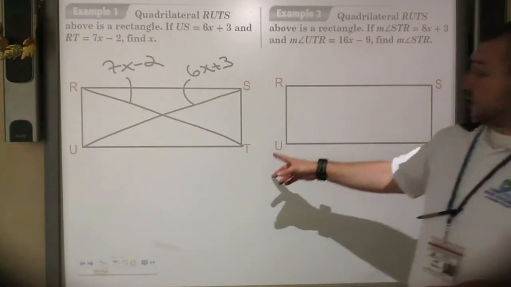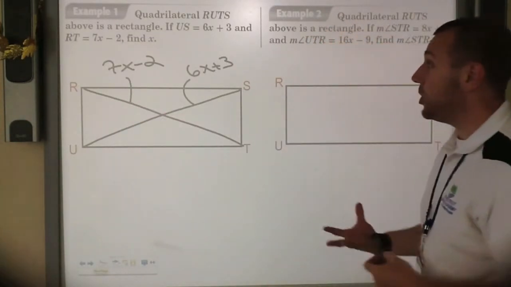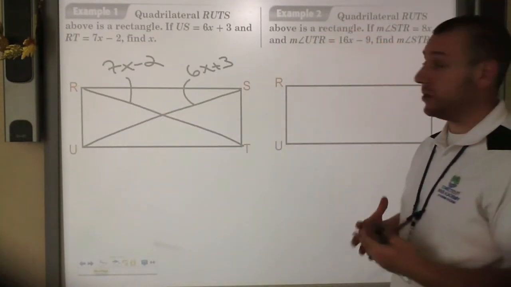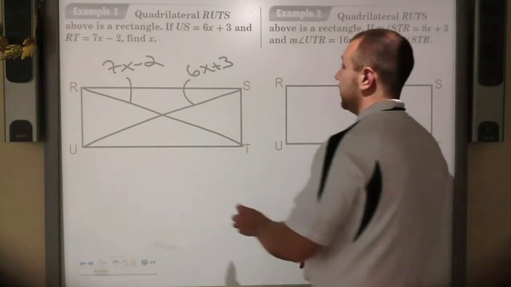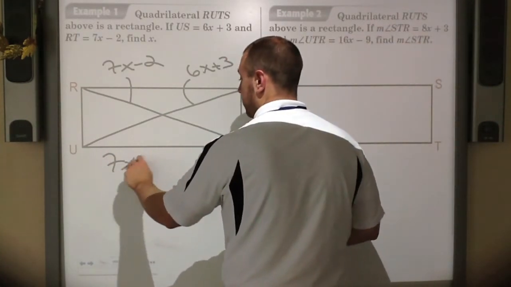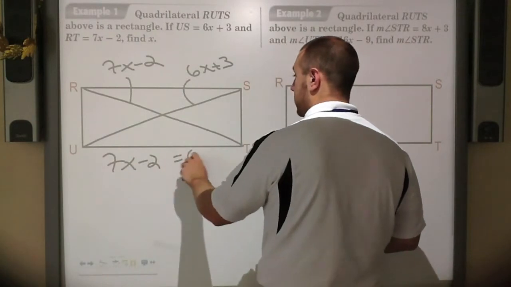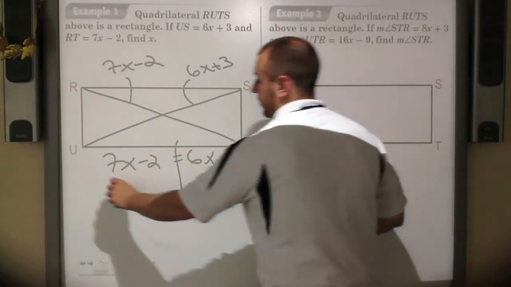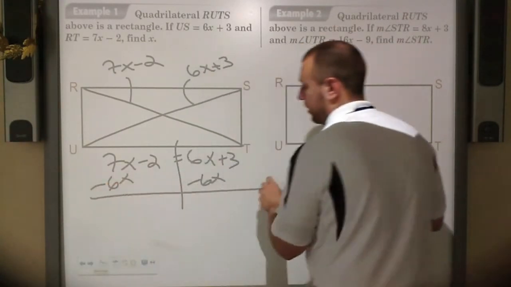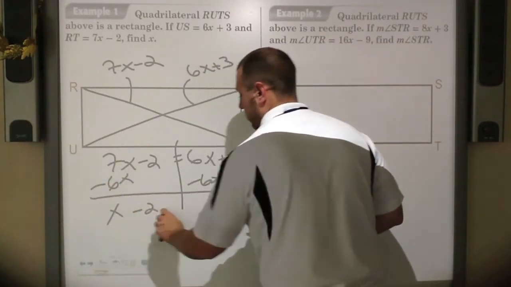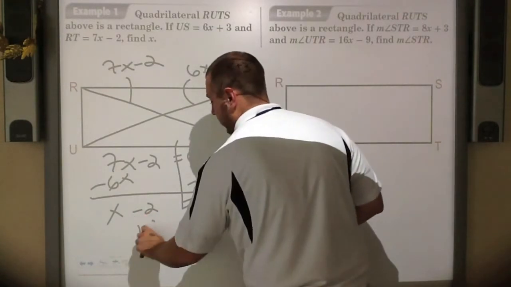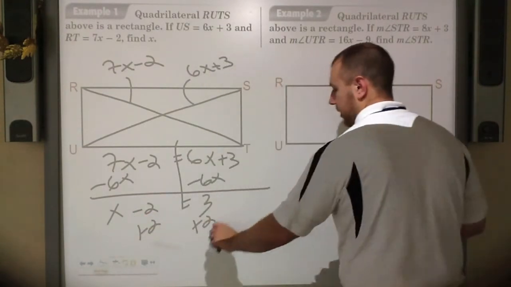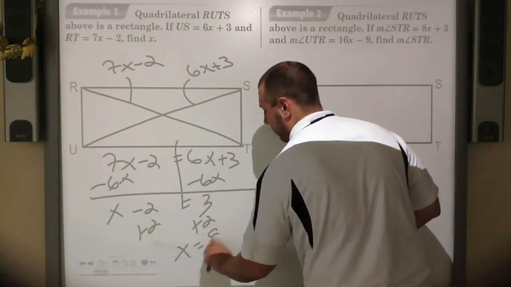Now, those are diagonals, so I know that they are equal to each other because it's a rectangle. So I would do 7x minus 2 equals 6x plus 3. I then subtract 6x, and then add 2, and I get x equals 5.